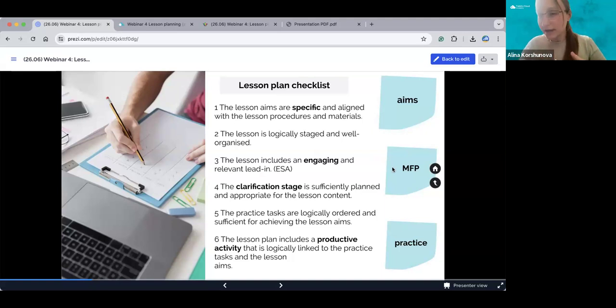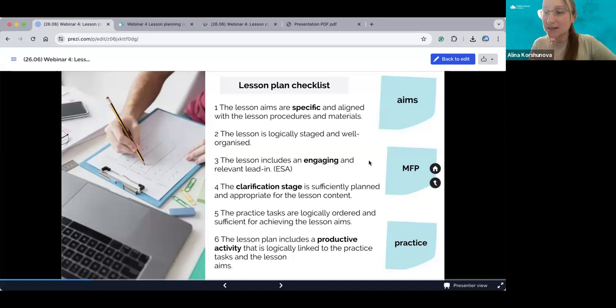Usually if you follow the activities in your course books, of course, it will give you the correct logical order. But if you want to design your lesson from scratch, make sure that you do that in a logical order. Make sure that your lesson includes an engaging lead-in. Remember Engage, Study, Activate, the concept suggested by Jeremy Harmer.